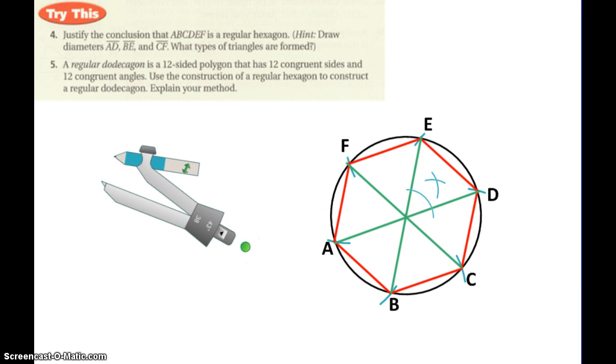Alright, so then all we have to do is connect there. So our new side would be here to here. And if we did that to each angle, it would separate each of the 6 sides into 2 sides, making 12 sides for a dodecagon.